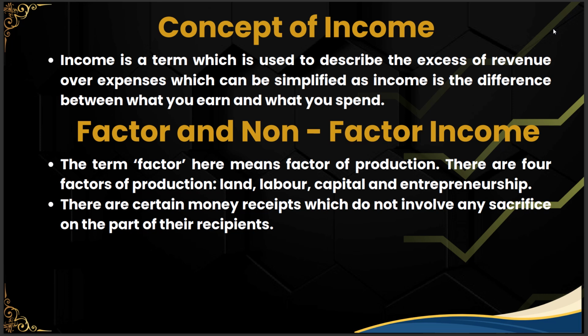Next, what is factor and non-factor income? See, the term factor here means the factor of production. There are four factors: land, labor, capital, and entrepreneurship. These factors of production sell their services to the production units. Landowners give their land for production units, entrepreneurs give their ideas, and capital investors put their capital into the production units.